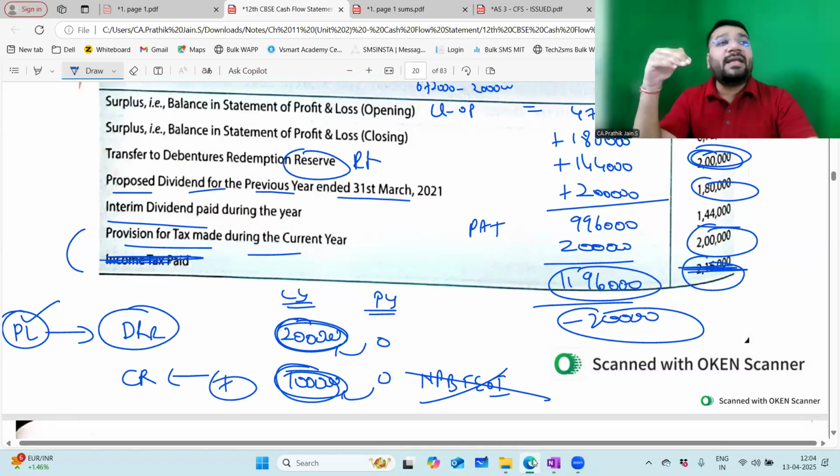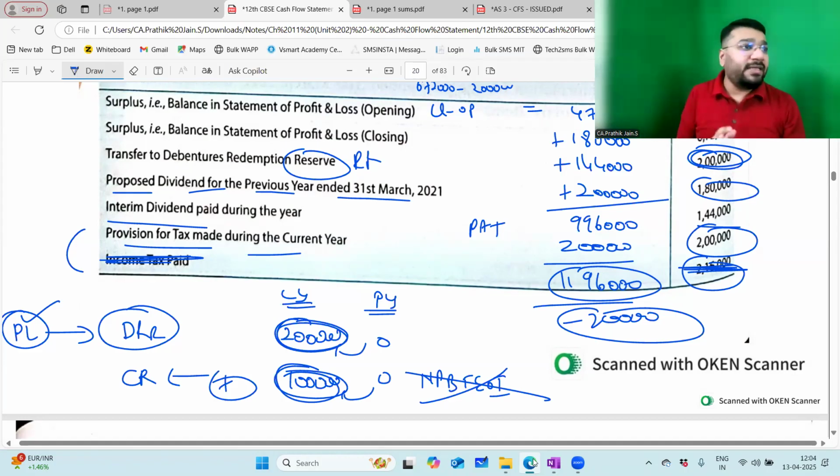Then we'll do investing activity, then financing activity. 2 classes on that or 1 class? 1 class should be fine. Once the classes are individually completed, then we can go ahead and do the full-fledged question from your ICA module. So by Thursday or Saturday, I should be done with all the individual activities, and next Sunday we'll do the full-fledged questions. Is the roadmap plan clear?